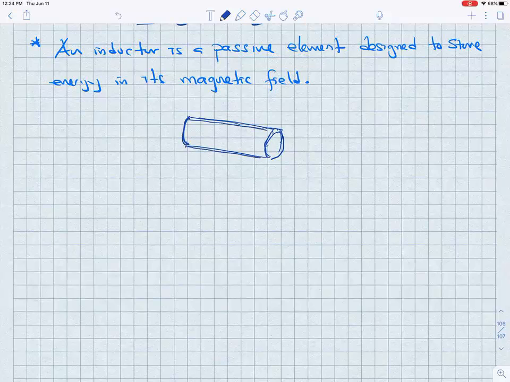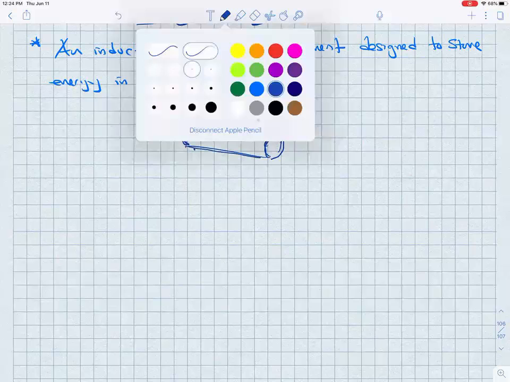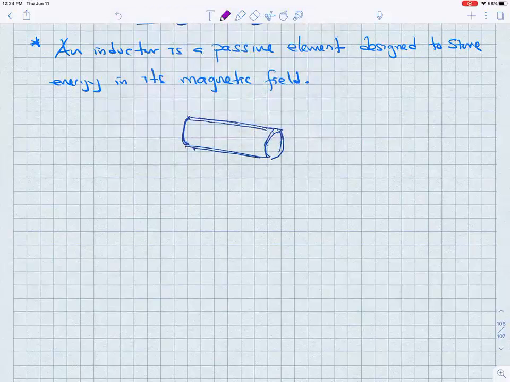And then we have a couple of wires wound around this cylinder. Let's choose a different color here. So let's say we have one terminal here and then the other terminal here.